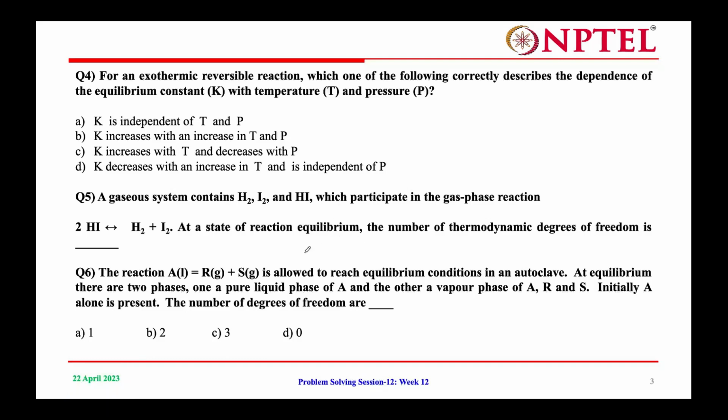So degree of freedom F is equal to 3. That's the temperature, pressure and mole fraction.